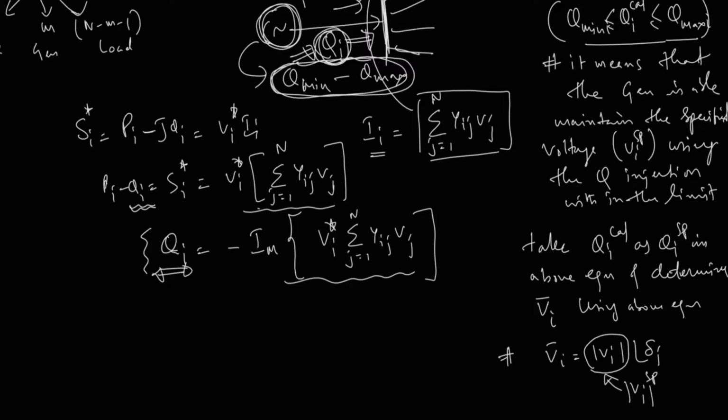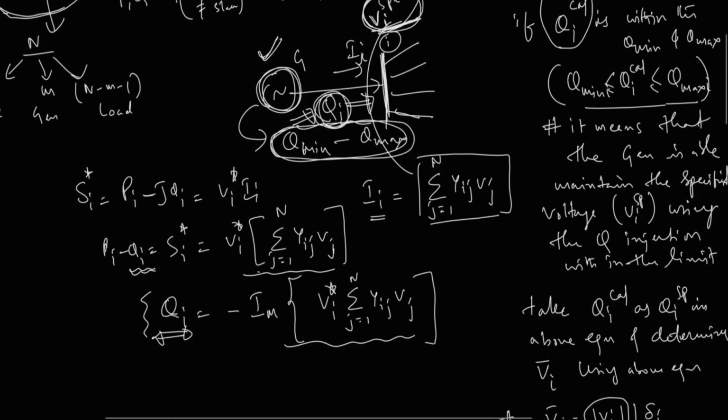Are you following what I am saying? Calculate the Q_i at the generator bus, then check with the limits. In the first scenario, it is within the limits, which says that the generator is able to control its bus voltage. That means it is still a generator or controlled bus.